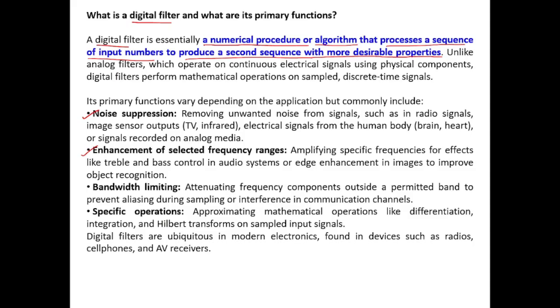Or, with this enhancement of certain frequency ranges, suppose I want to extract a particular frequency and then amplify that frequency because it may contain some additional information. So we can use these digital filters to perform that task too.